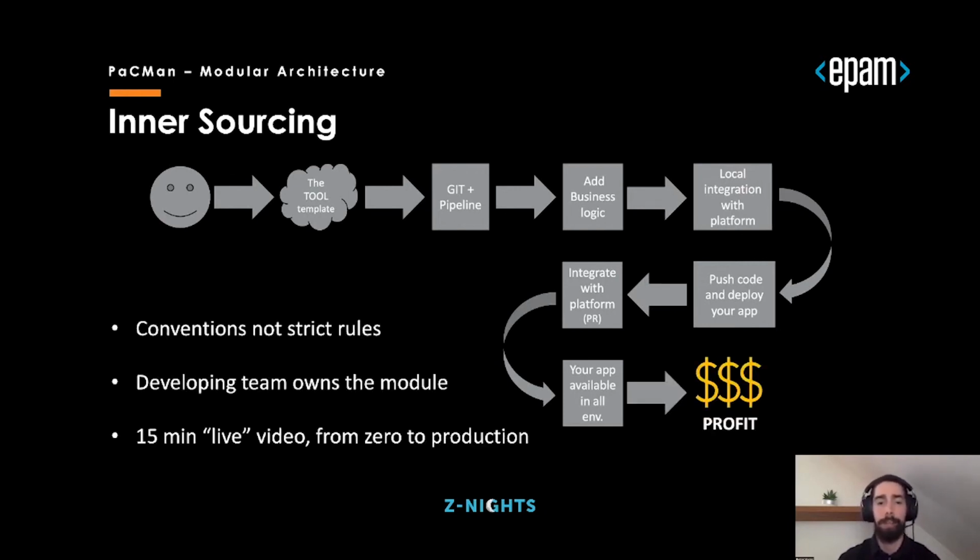With this workflow, we follow conventions and do not enforce strict rules. This really speeds up the development, and the development team can fully own their own module, and no connection to us is really needed, only in the form of the integration PR.